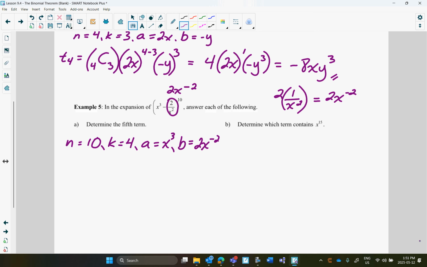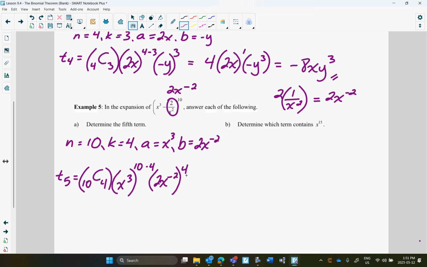Okay, so the fifth term, T5. 10 choose 4. That's going to be a big number. x to the third to the n minus k, or 10 minus 4, times 2x to the negative second to the fourth.